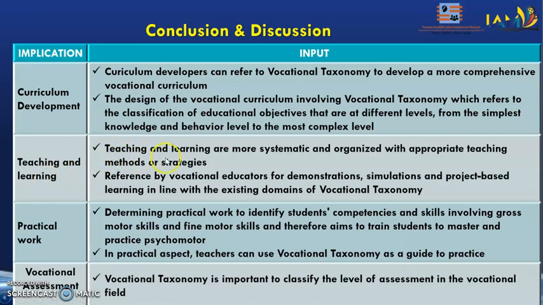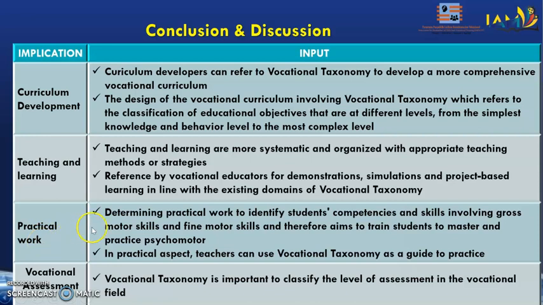Teaching and learning. Teaching and learning are more systematic and organized with appropriate teaching methods or strategies, used as a reference by vocational educators for demonstration, simulation, and project-based learning in line with the existing domains of the vocational taxonomy.